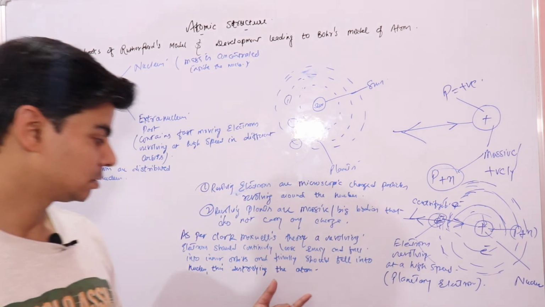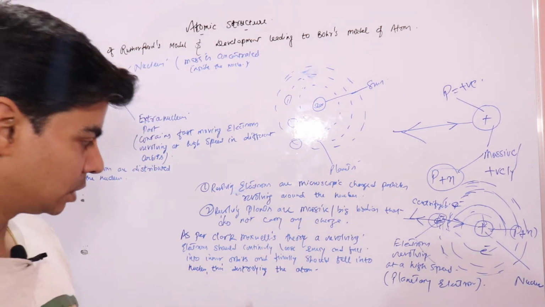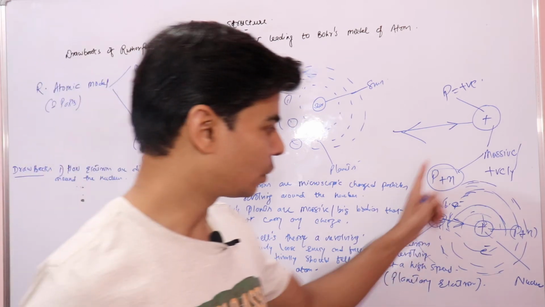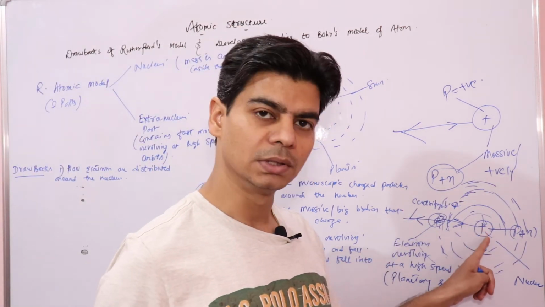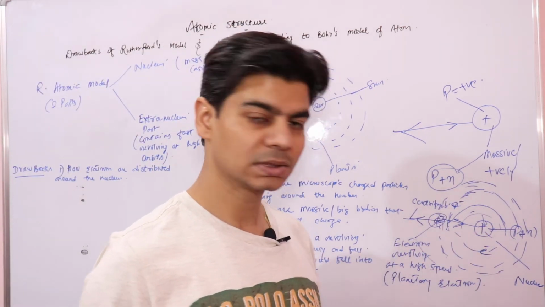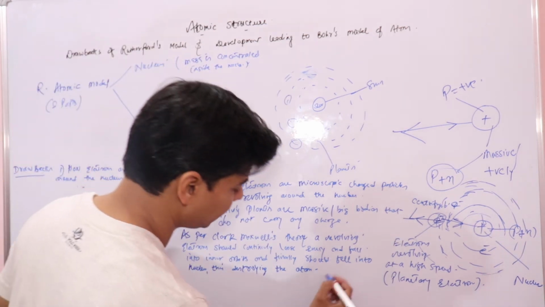And it is observed that for an electron to fall into the nucleus, or to spiral into the nucleus, it takes 10 to the power of minus 8 seconds.